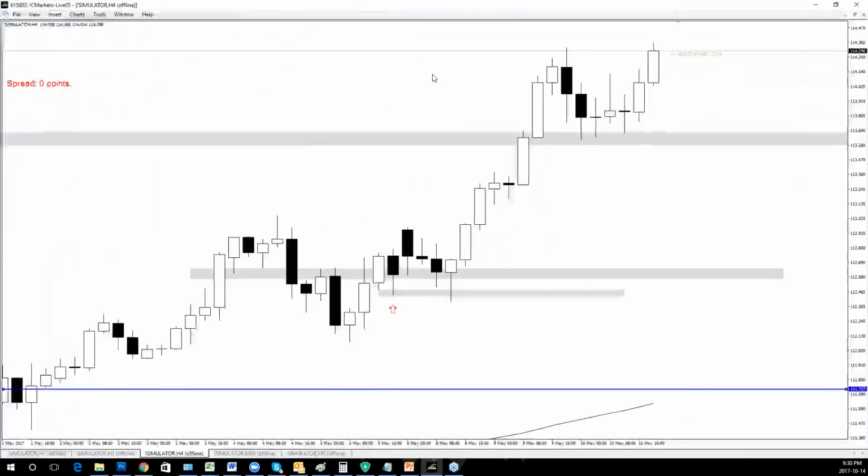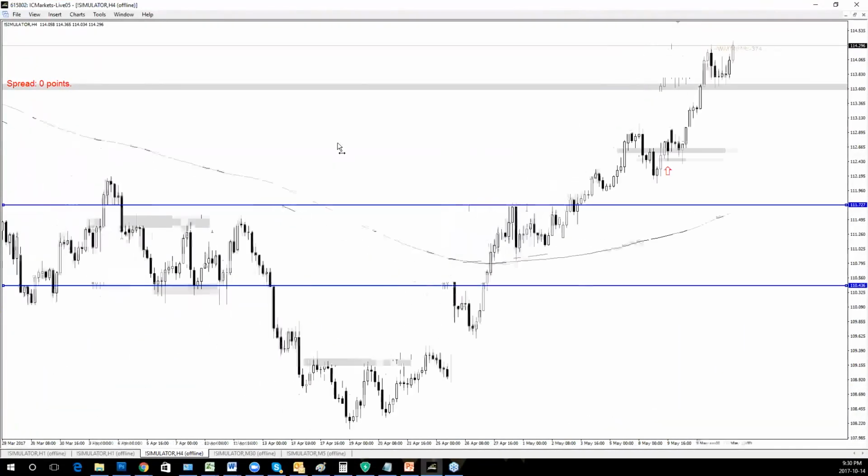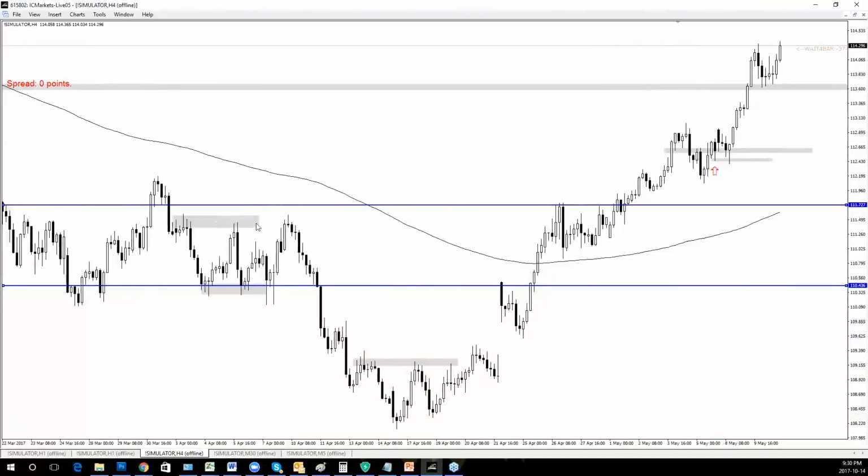Look, this is the 4-hour time frame, and look right here. Look at this area. Even if it went up, it stayed within this zone and came down.